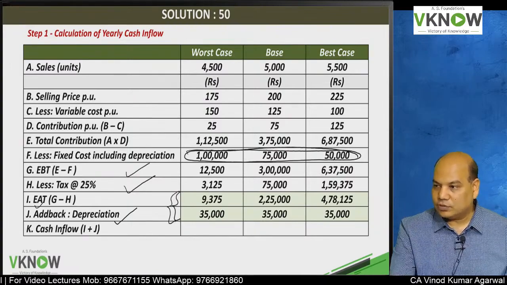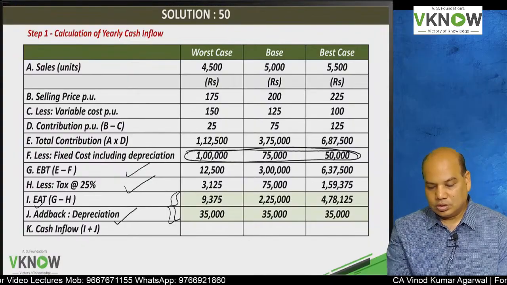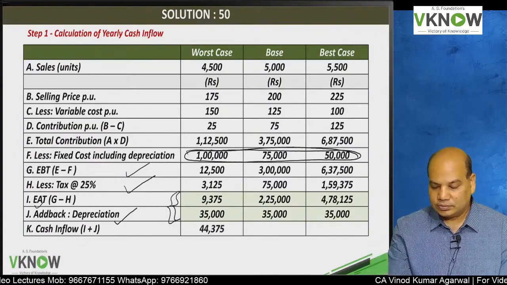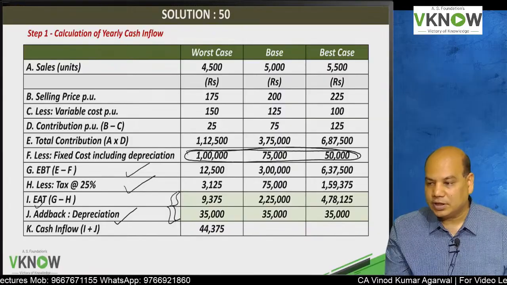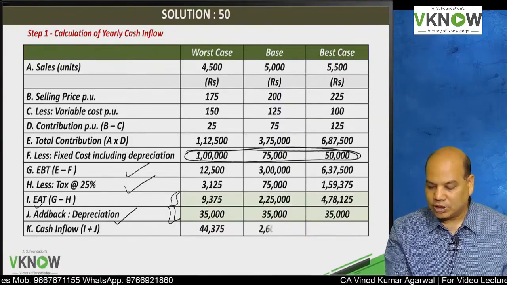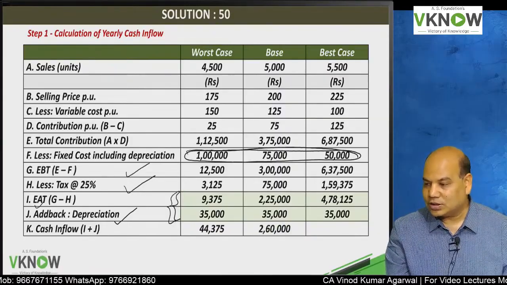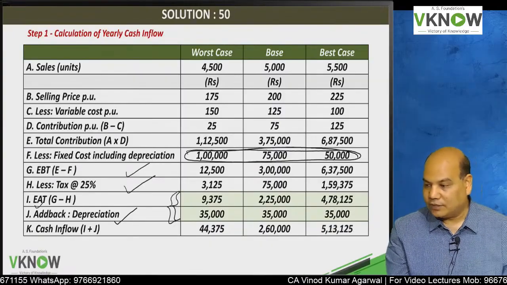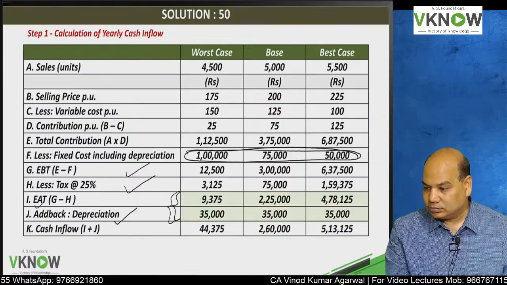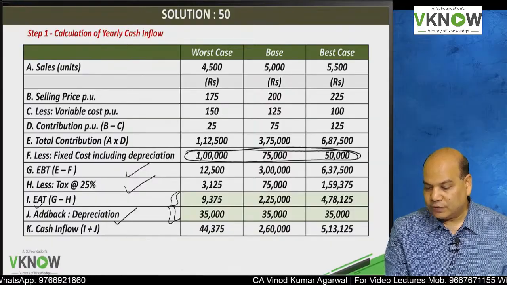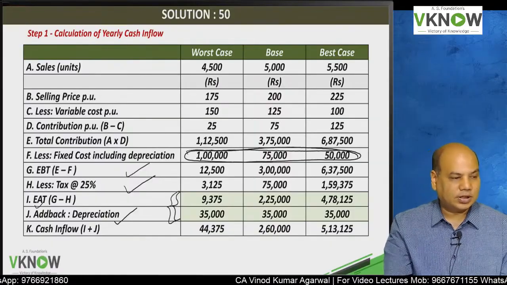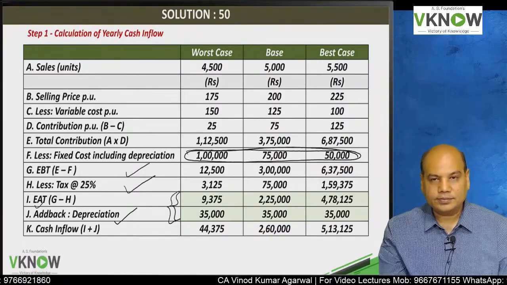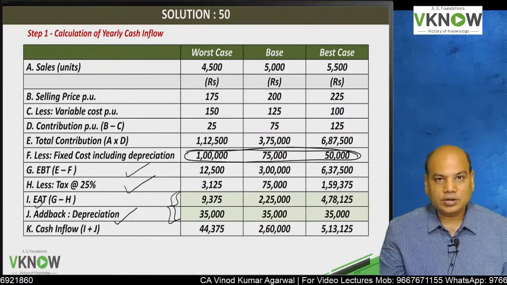Cash inflow will be equal to I plus J, 44,375. Without calculator you can do it. 2,60,000 and 5,13,125. Is it right now?